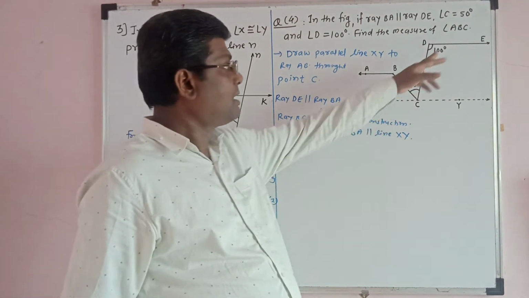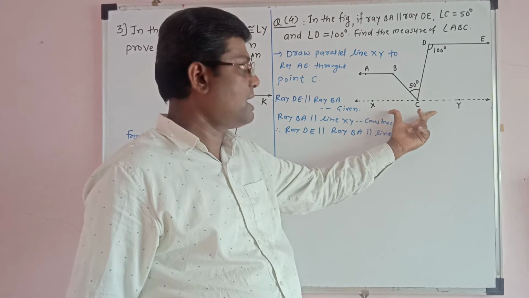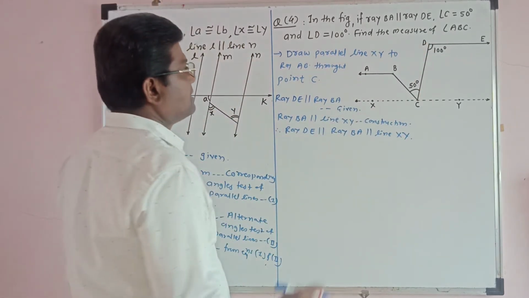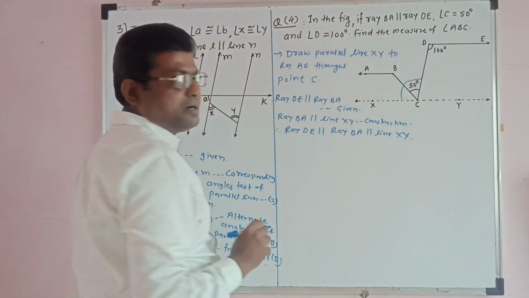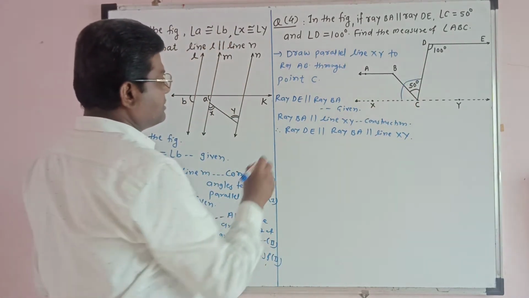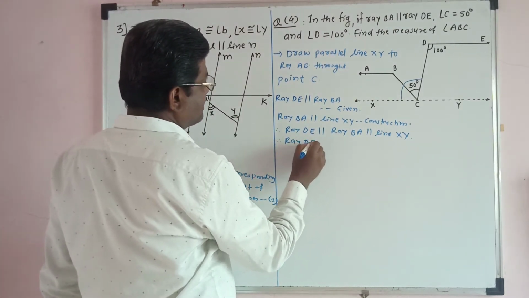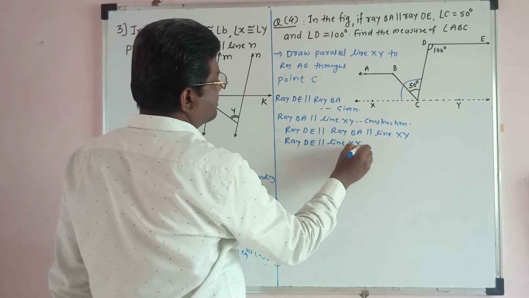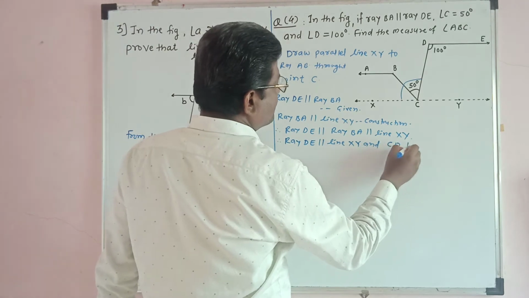Now ray DE parallel line XY and CD is a transversal. Then this angle and this angle are alternate angles. So we write ray DE parallel line XY and CD transversal.